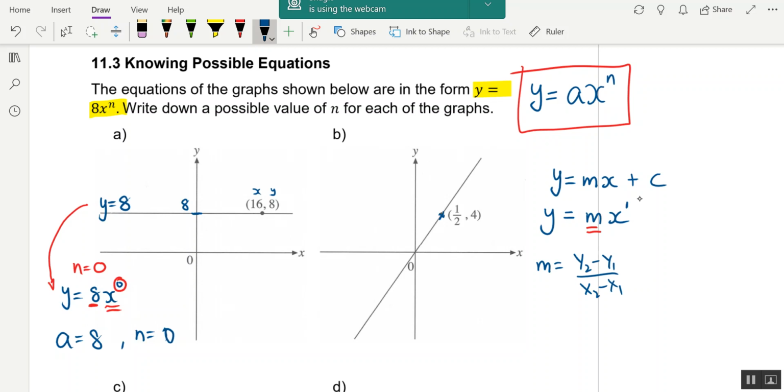So this is one point, and another point that's very easy to identify is here, which is 0, 0. And you have 4 over half. 4 divided by half will give you 8. So this line is y equals 8x. Then that would mean that a is equal to 8 and the power of x is equal to 1.